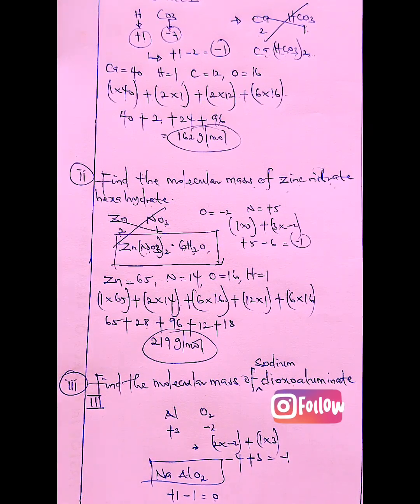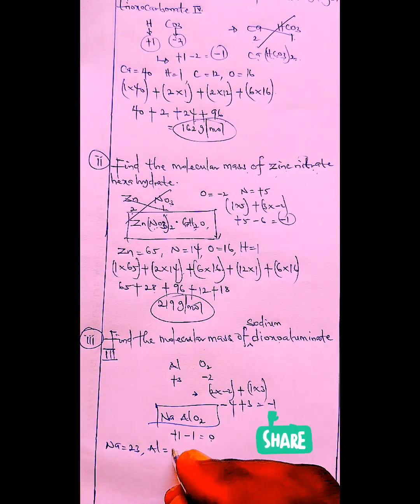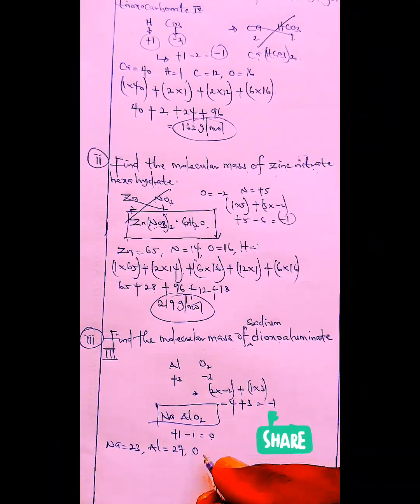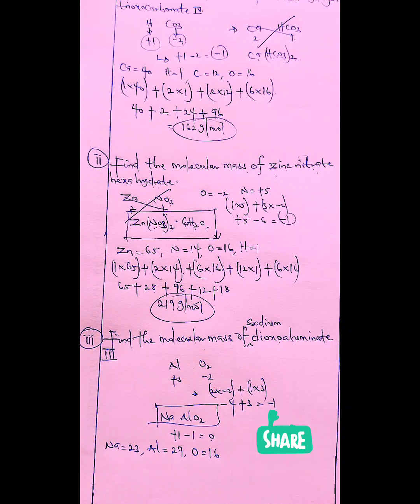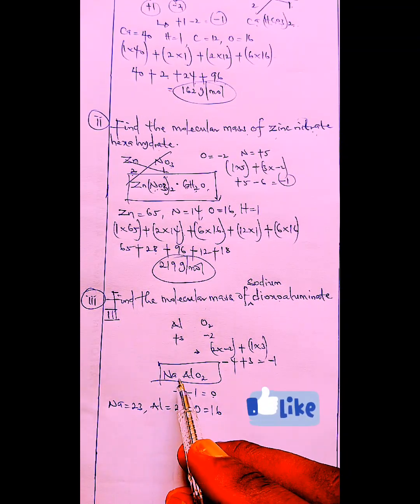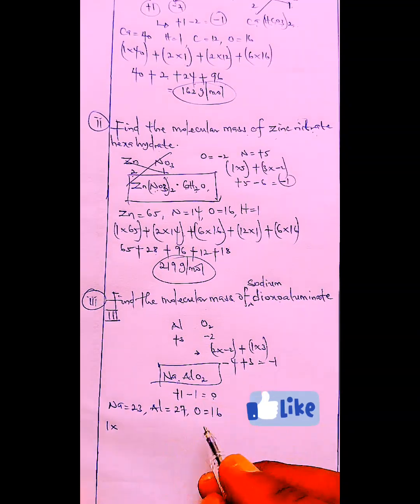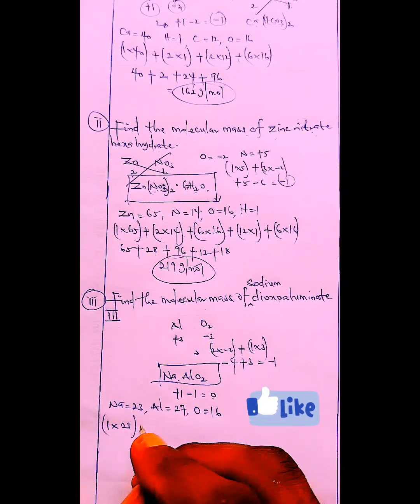So we're going to get the molecular mass right now. Sodium, natrium, is 23, aluminium is 27 atomic mass units, then oxygen is 16. We're going to use all this to get our molecular mass. Sodium is just one atom, so 1 times 23.